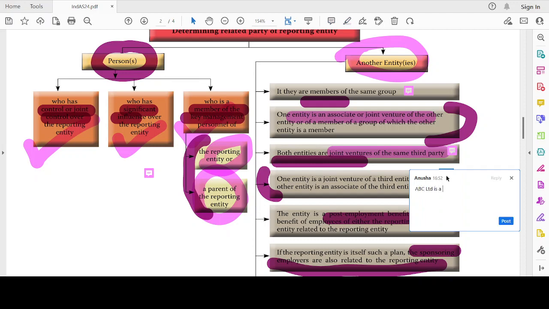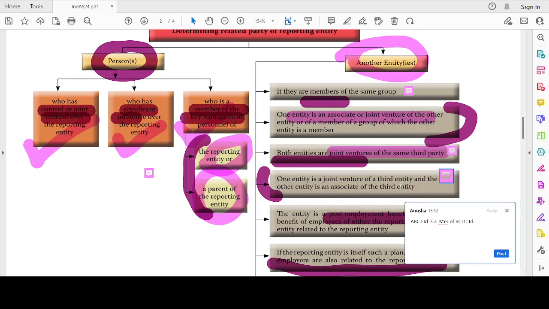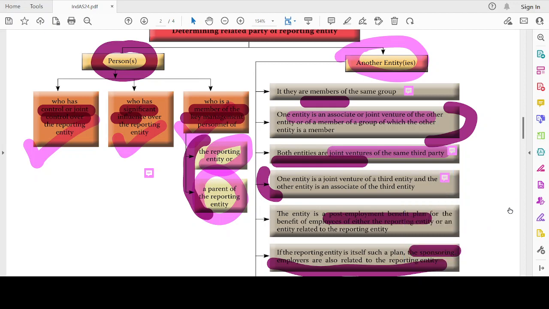ABC Limited is a joint venture of BCD Limited, and CDE Limited is an associate of BCD Limited. Now, ABC Limited and CDE Limited will be known as related parties.